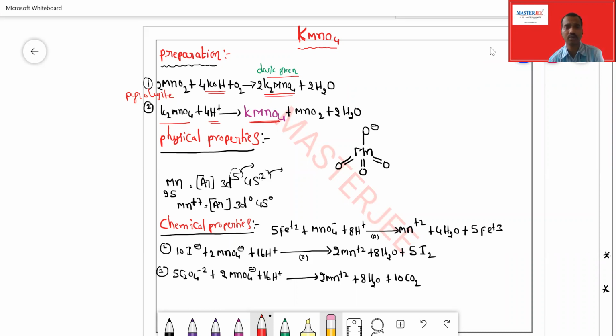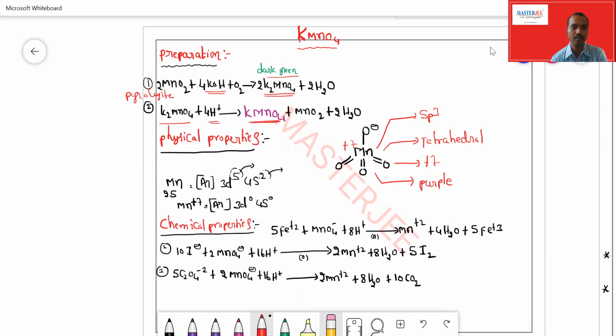Next, what are the physical properties? Manganese has sp3 hybridization and exhibits a tetrahedral shape, and manganese exhibits a +7 oxidation number. Its color is purple. Actually, if it is in the +7 state it should not exhibit any color.